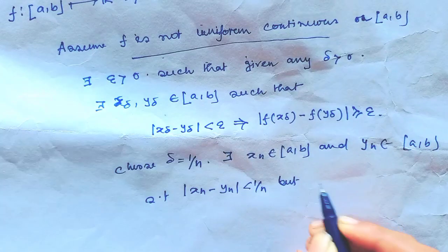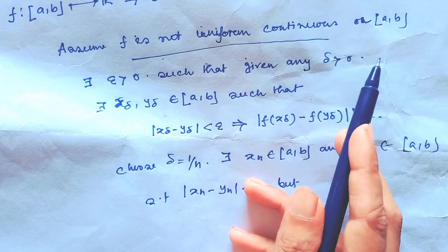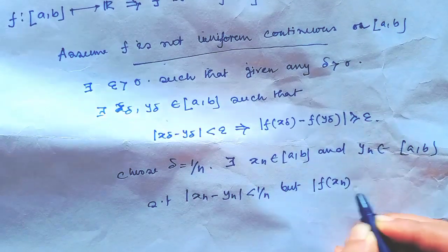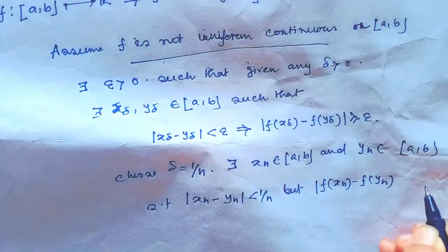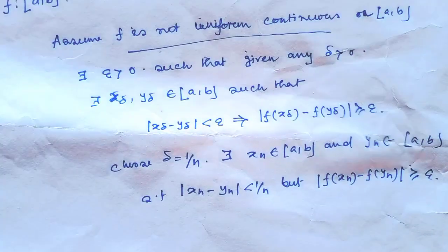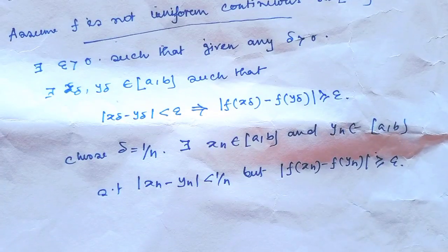But since I have assumed f is not uniformly continuous, that means absolute value of f(xn) minus f(yn) is greater than or equal to epsilon. Okay?